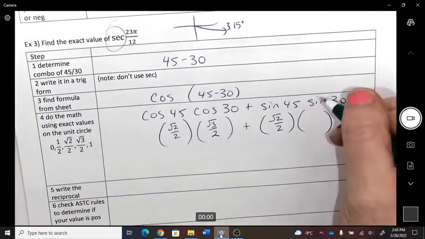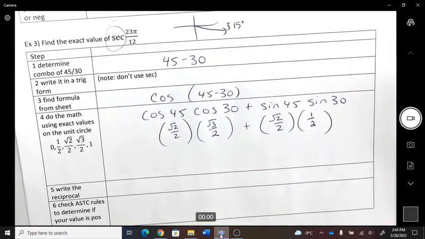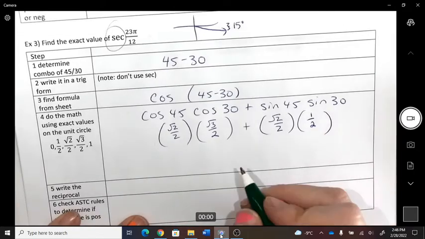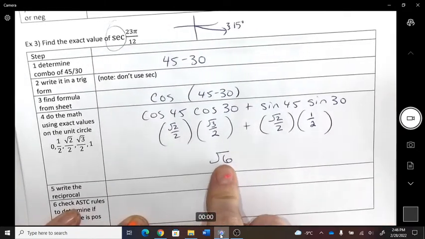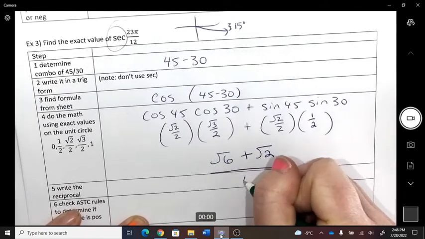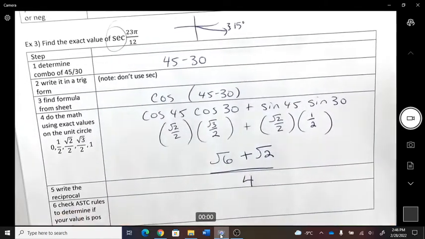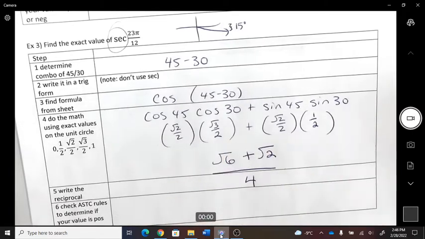The sine at 30 should be the y value at 30. So now I'm going to go with root 6 plus root 2 all over 4. That's a root 6, that's a root 2, and everything's over 4.